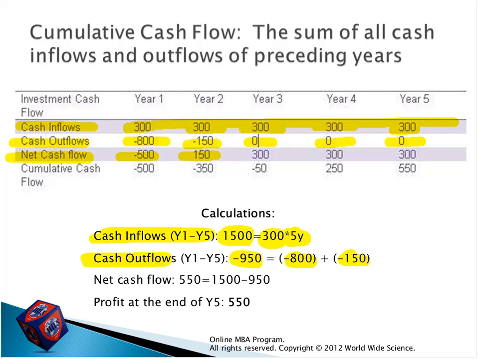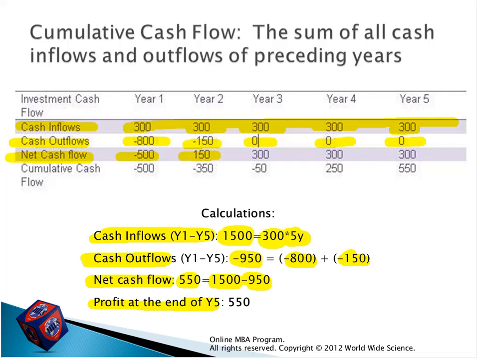And net cash flows, in the simple example, how we can make calculations: take your cash outflows 950 and deduct it from your cash inflows 1,500. You will get net cash flows. This is actually net cash flow. This is the profit at the end of the 5 years.